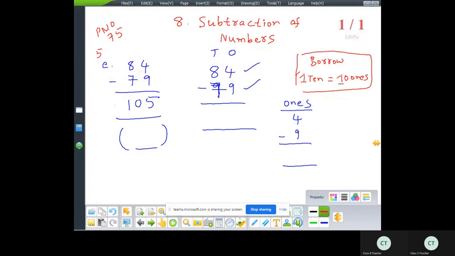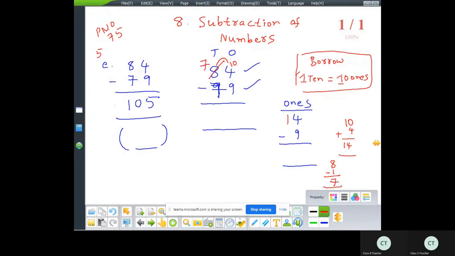From 8, we take 1 ten. 10 plus 4 is 14. Now this is 14. From 8, we took 1 ten as borrow. 8 minus 1 is 7.